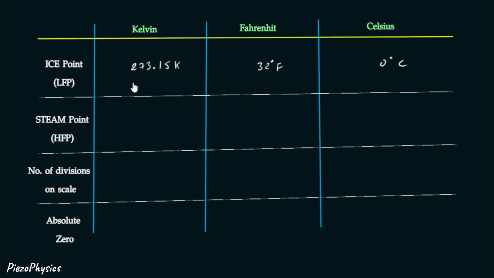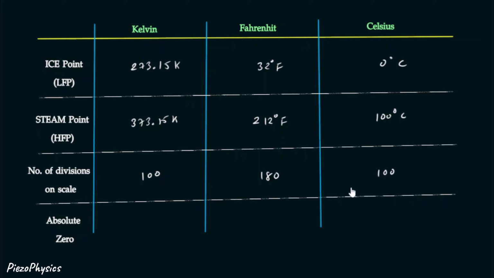The steam point is just plus 100 of the ice point, that will be 373.15 Kelvin. In Celsius, we will have 100 degrees Celsius. And in the Fahrenheit scale, it is 212 degrees Fahrenheit. Here the number of divisions is 100, here it is 180, and here we have 100 divisions.